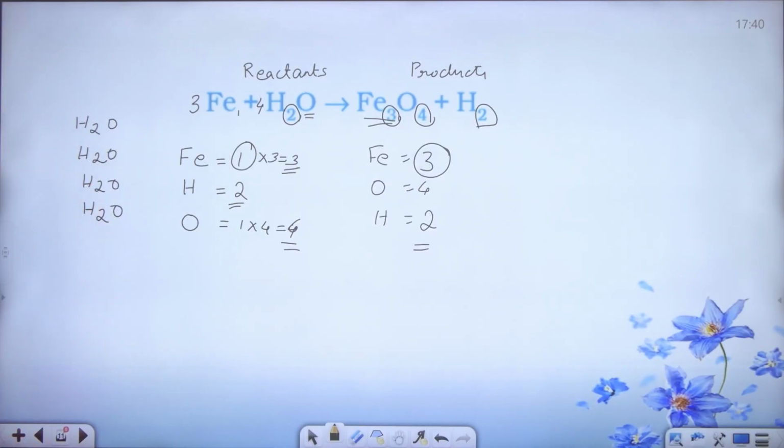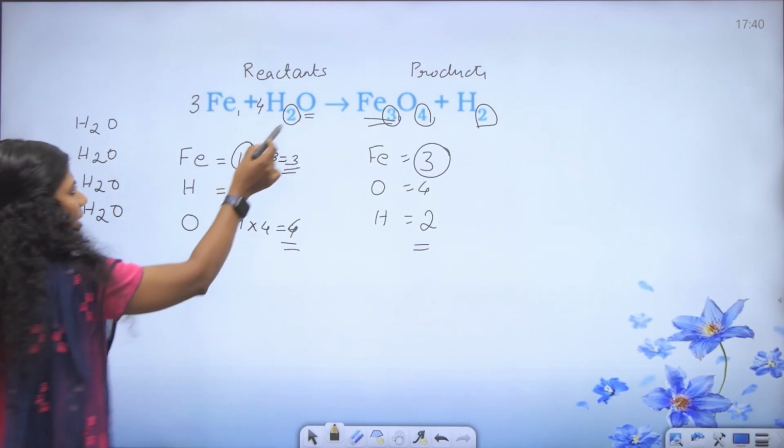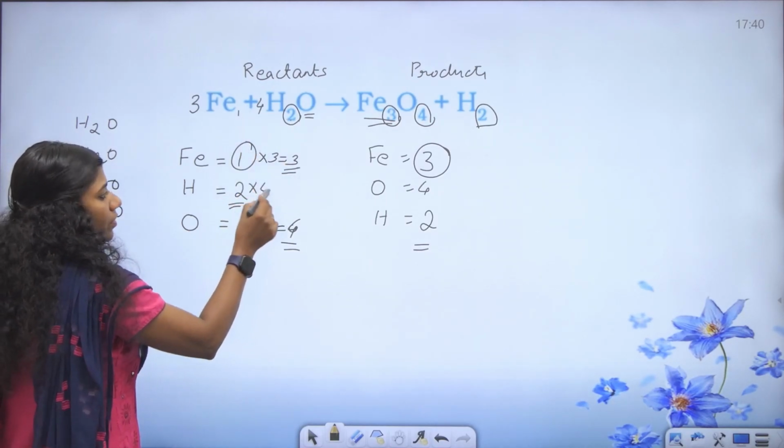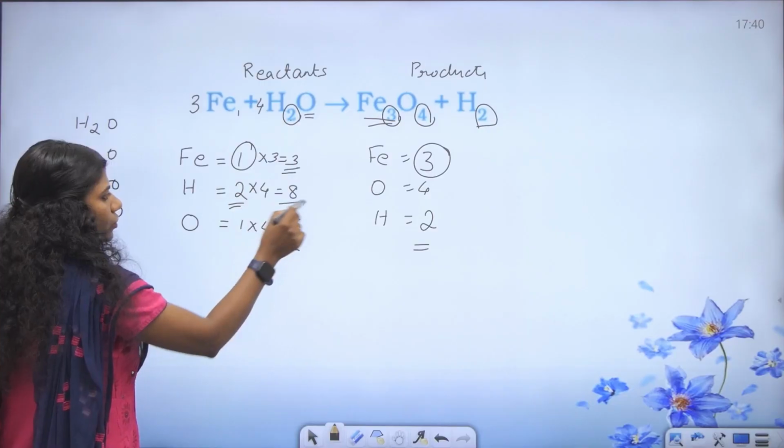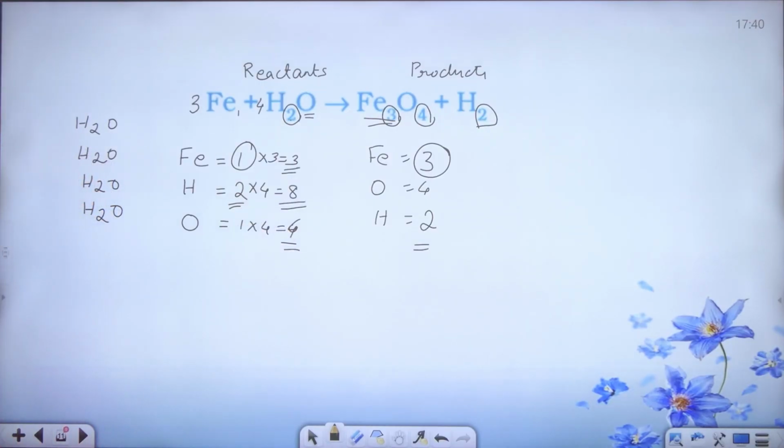Total number of hydrogen atoms is 2 into 4, 8. So in 4H2O, the number of hydrogen atoms will change. Total number of hydrogen atoms in 4 molecules of H2O is 8.